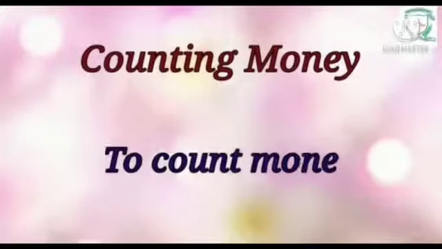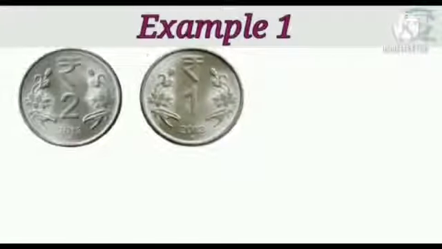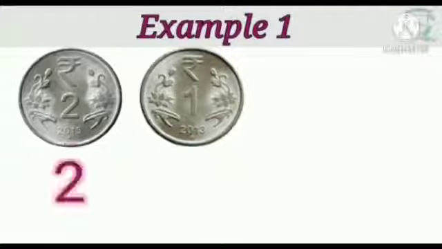We now move on to the next topic, counting money. To count money, we add the values of the notes and the coins. In the first example, we have a 2 rupees coin and a 1 rupee coin.